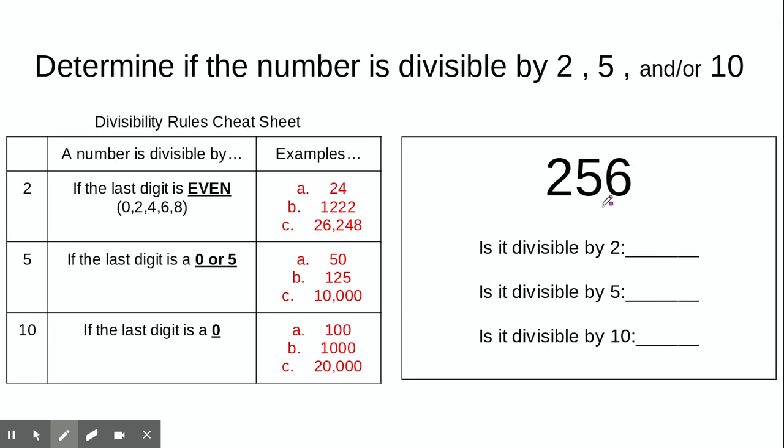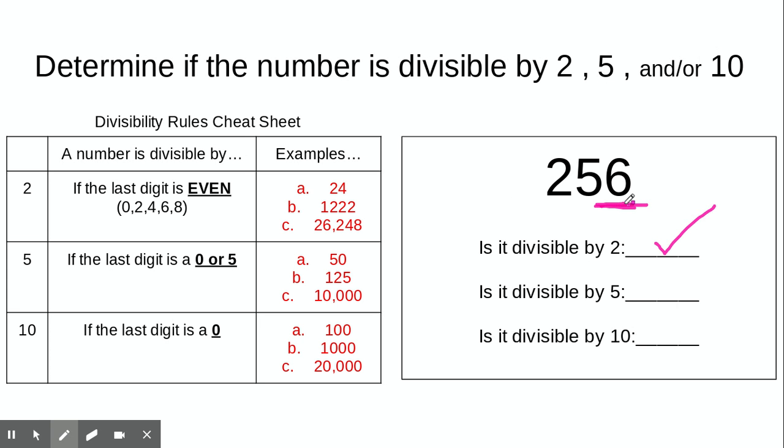So 256. We're looking at this last digit. Is 256 divisible by 2? Well, is the last digit even? Yes, it is. The 6 is even, so this would be divisible by 2. Is 256 divisible by 5?